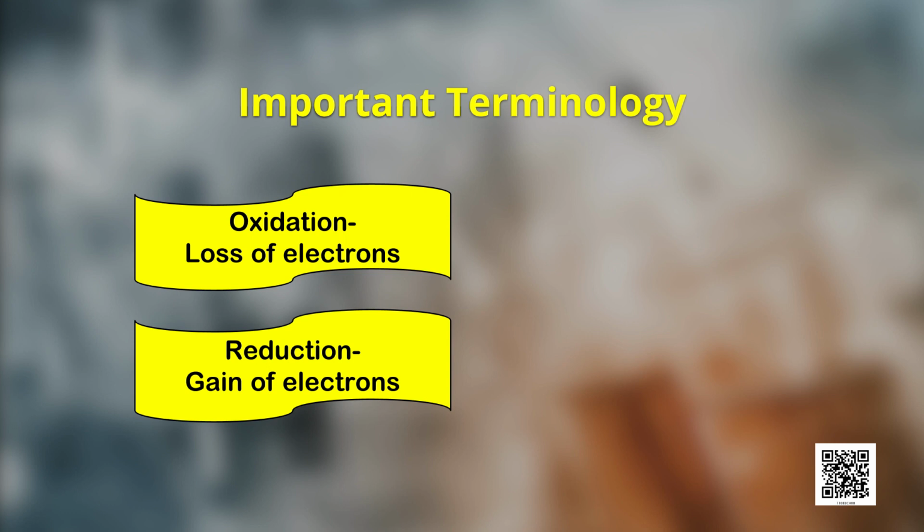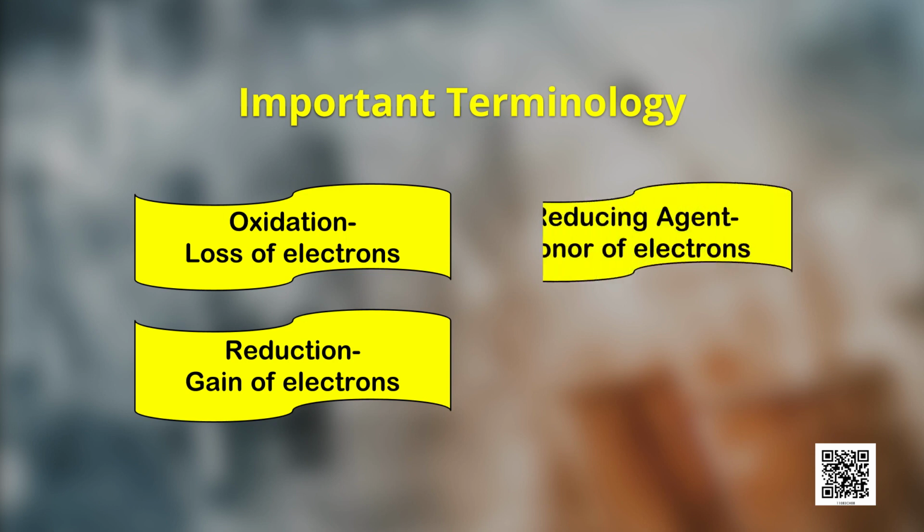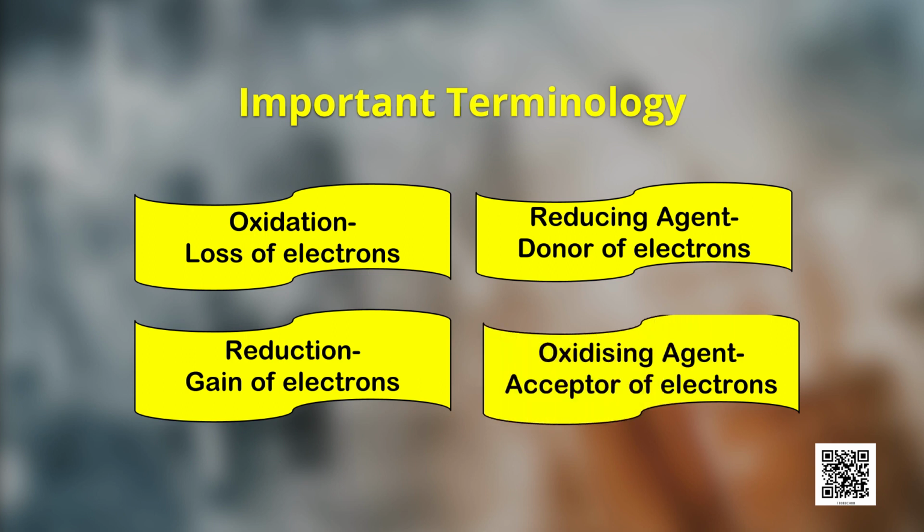Sodium, which is oxidized, acts as a reducing agent because it donates electrons to each of the elements interacting with it and thus helps in reducing them. Chlorine, oxygen and sulfur are reduced and act as oxidizing agents because they accept electrons from sodium.